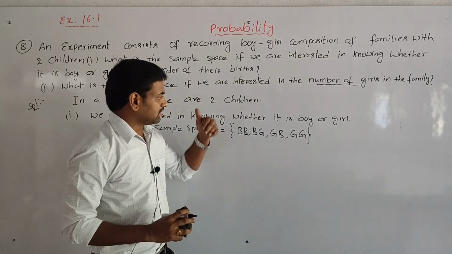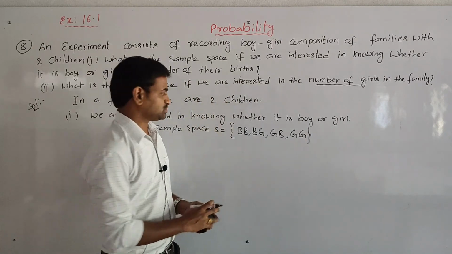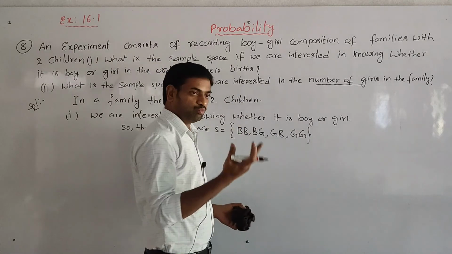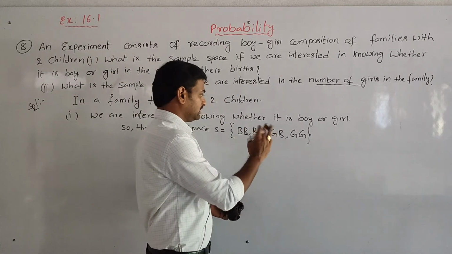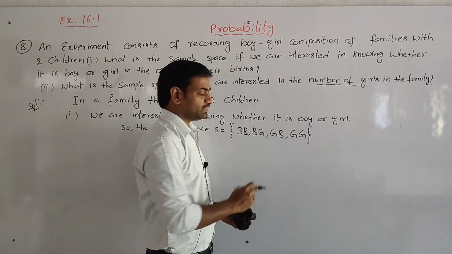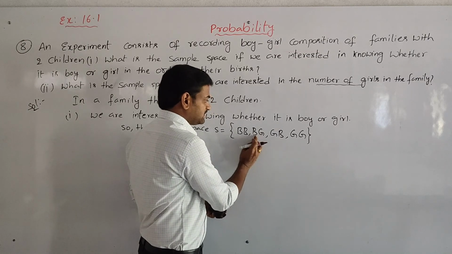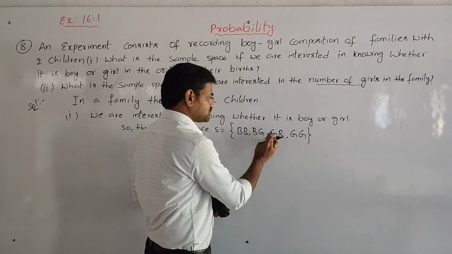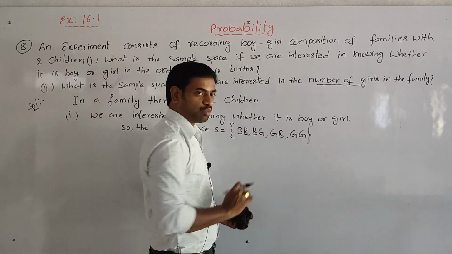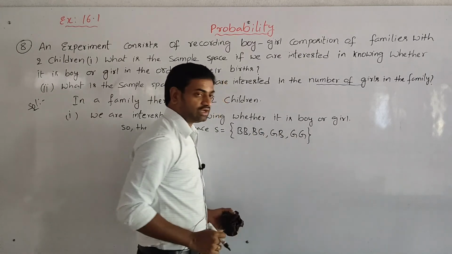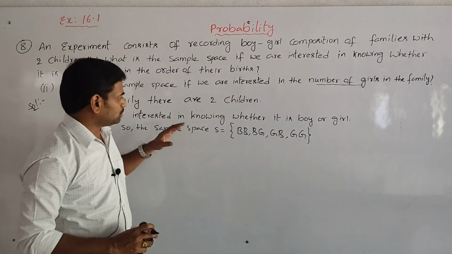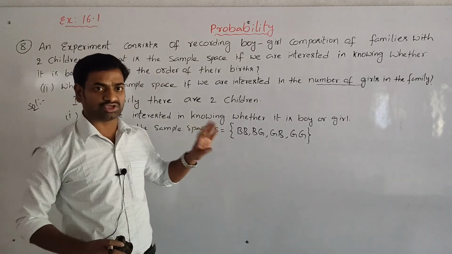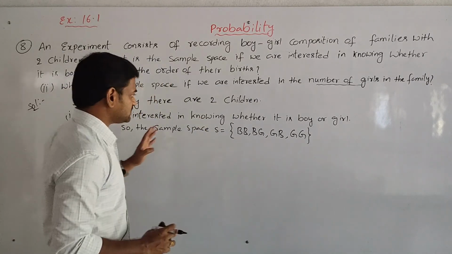That is the boy girl. So in the first option both are boys, in this one, first one is boy, second one is girl. In this one, first one is girl, second one is boy. Here both are girls. So how many possibilities? 4 possibilities.